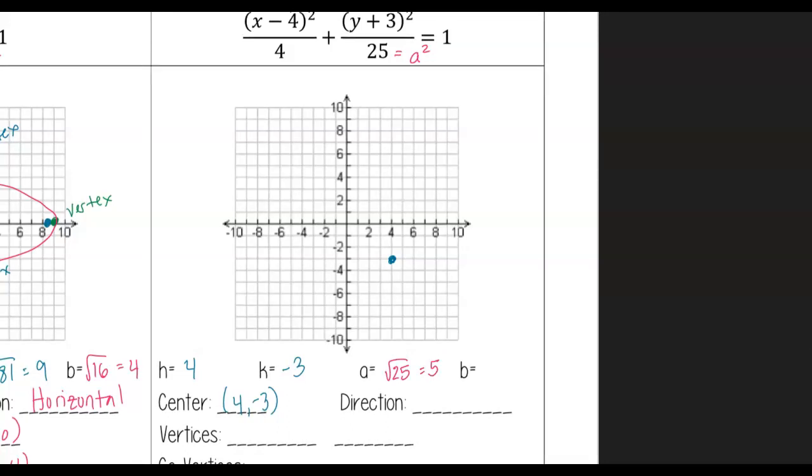What is the B value? Let's do Lauren Moore.